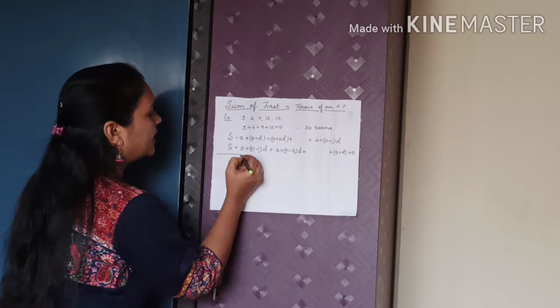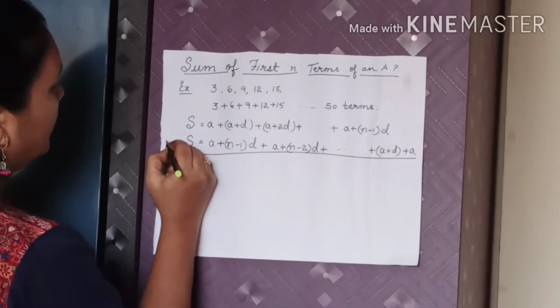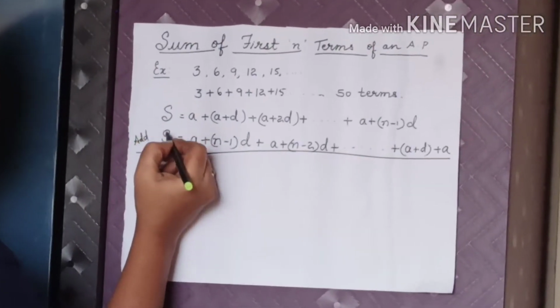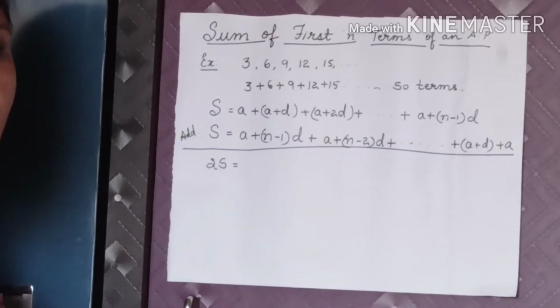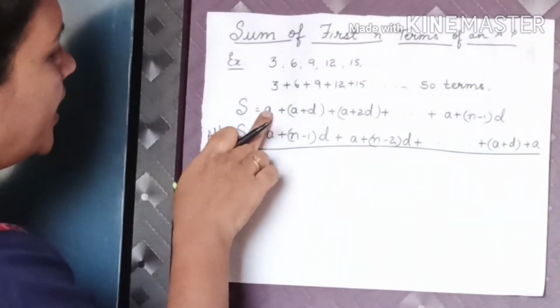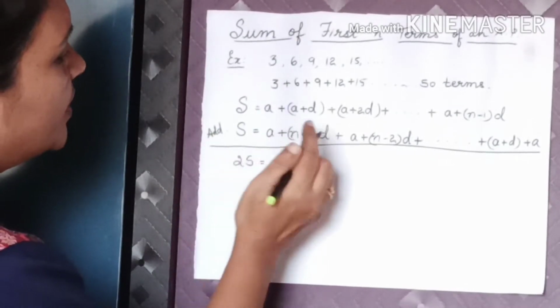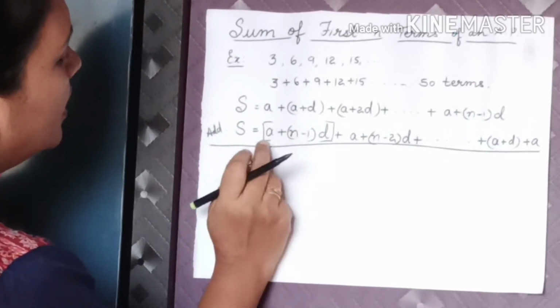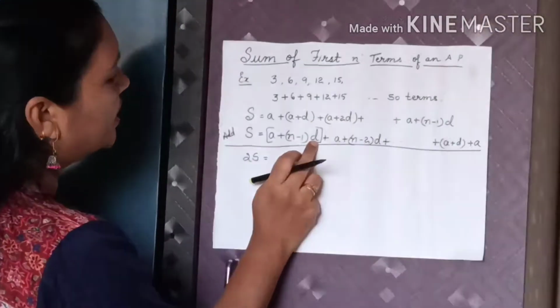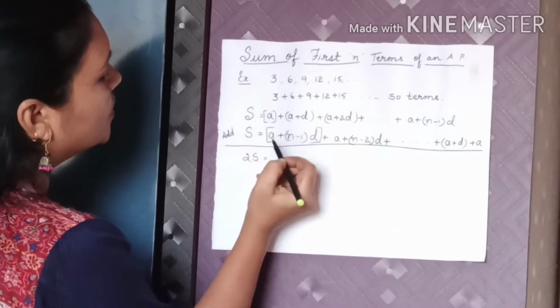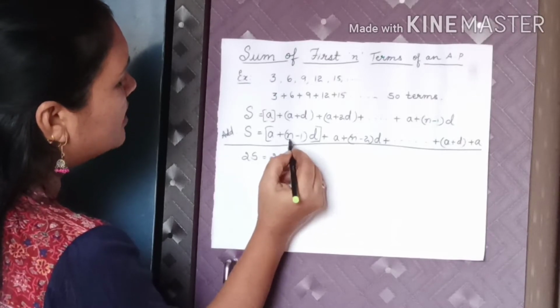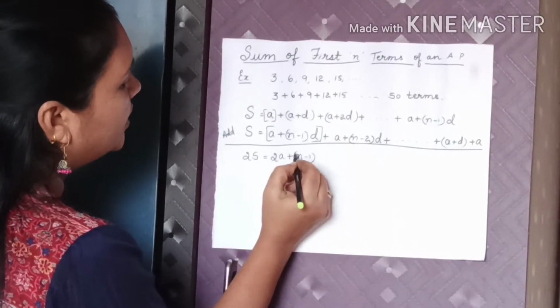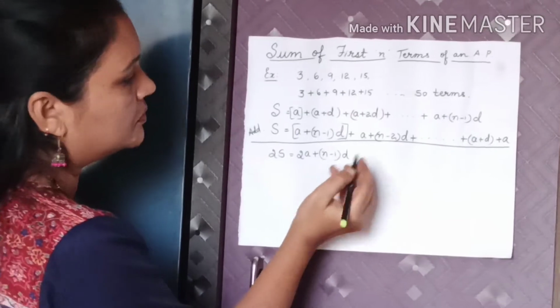What will you get if you add? S plus S, that is 2S, is equal to, the first term is this one, a plus (n minus 1) into d plus a. So what do you get? a plus a, 2a plus (n minus 1) into d.